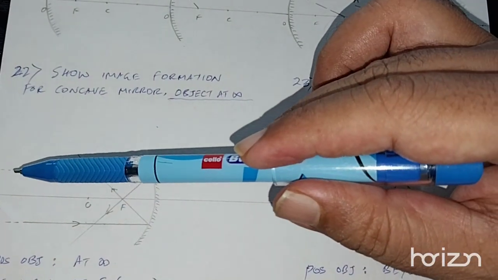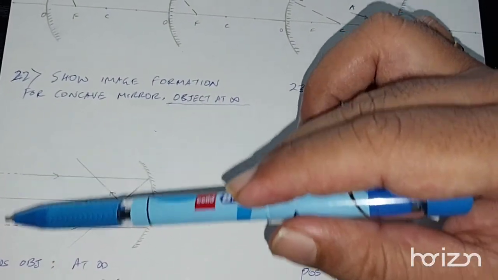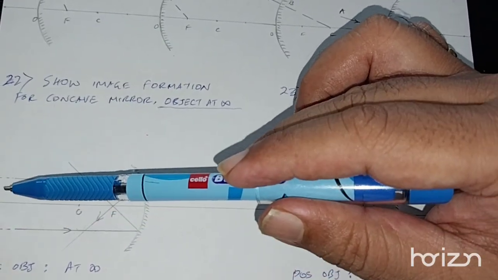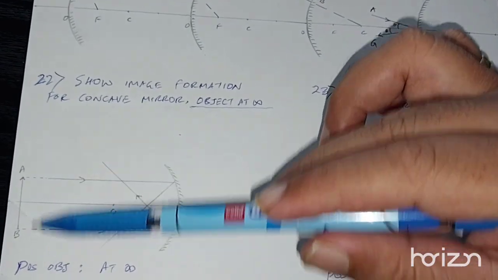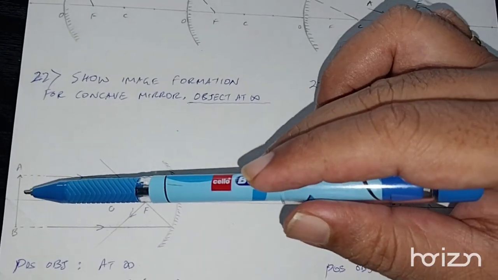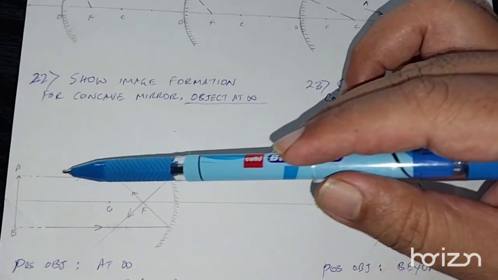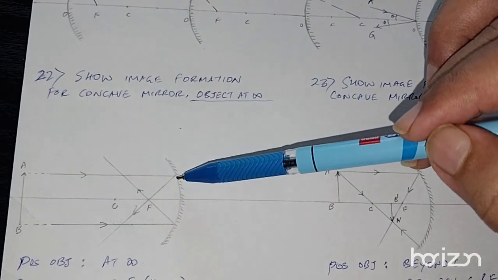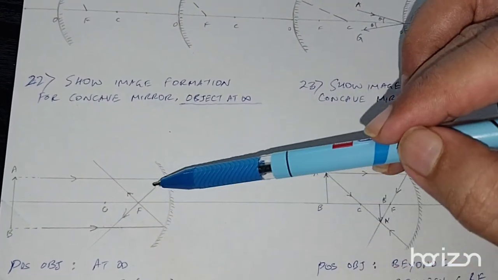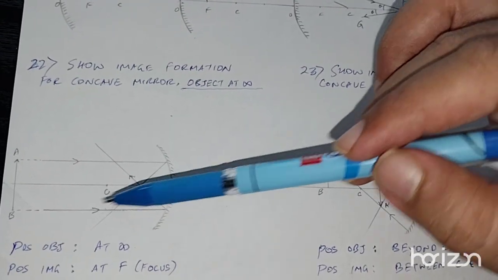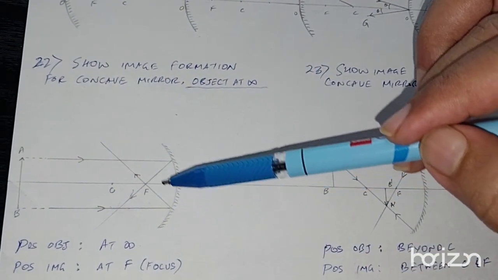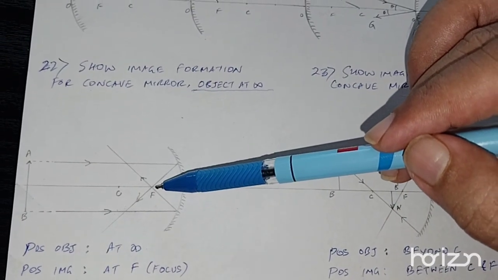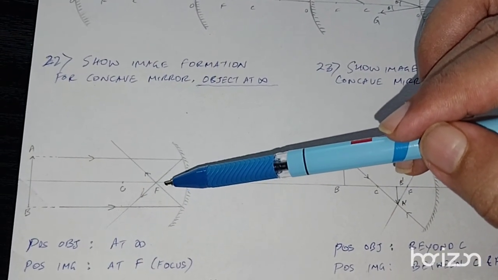So what happens is, from the point A, the object is AB, and it is erect here because you can see the arrow mark. B is down, A is up, so it is standing straight. It is very far, so a ray will come parallel to the principal axis, and as we know, any ray which comes parallel to the principal axis gets reflected via the focal point F. A ray from B comes, it also gets reflected and it also passes through F. So a very small image is formed at the focus.